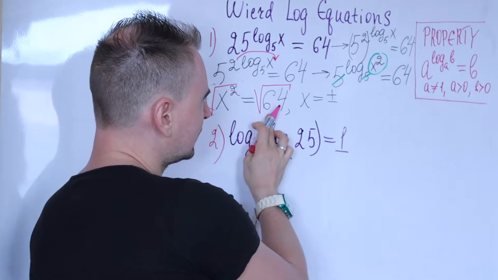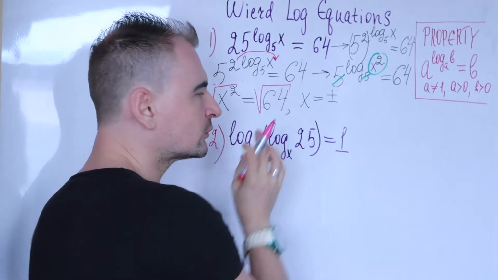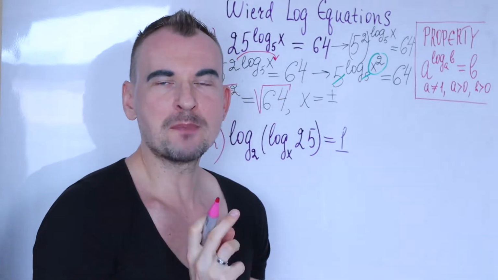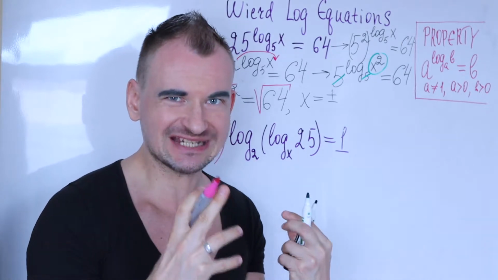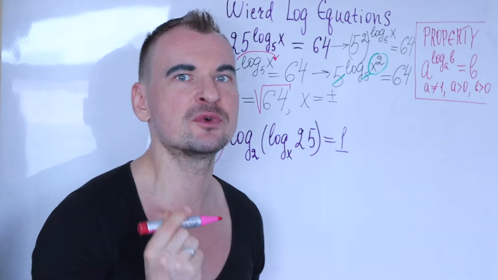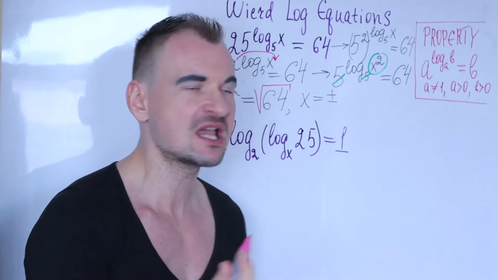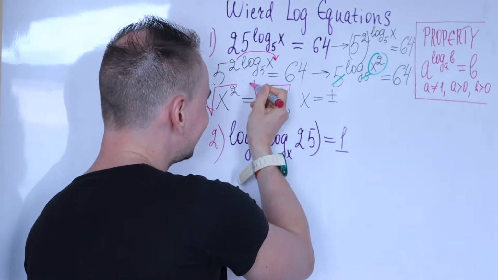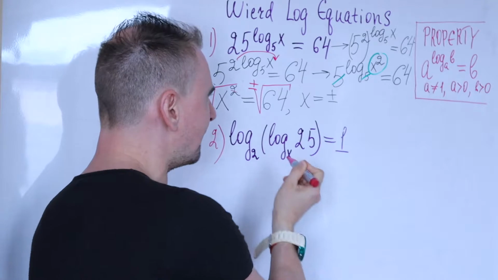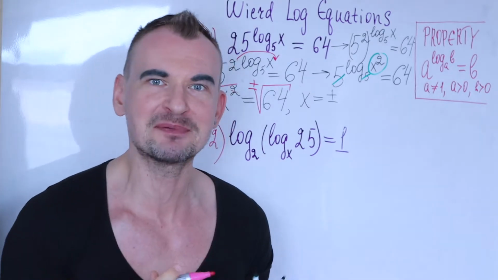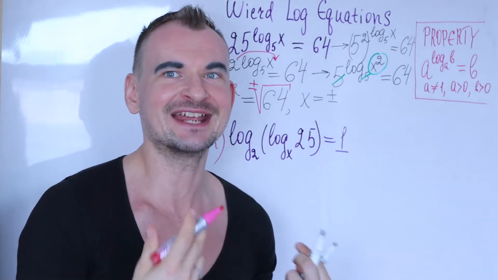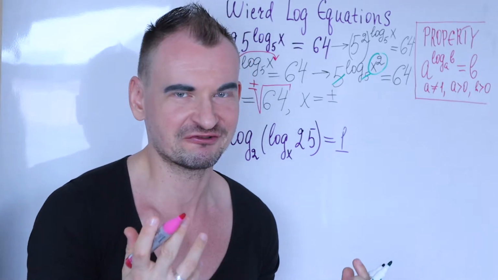And be careful when you take a square root of a number. Generally speaking, you would get two versions, two possibilities: positive and negative version of this number, and that's important because many people forget to take the negative version. They just write positive.